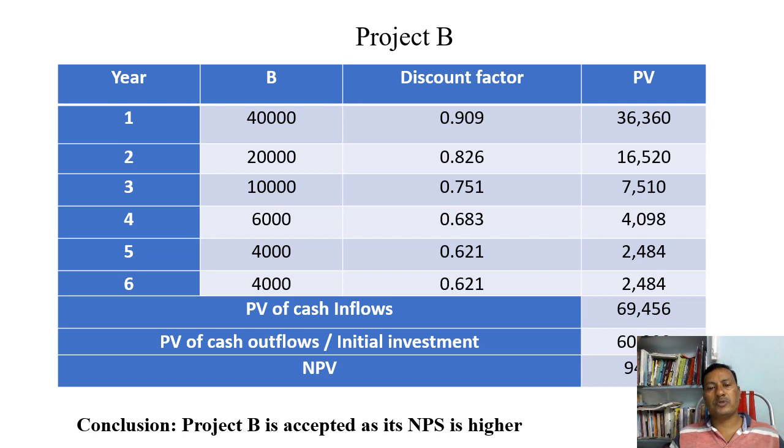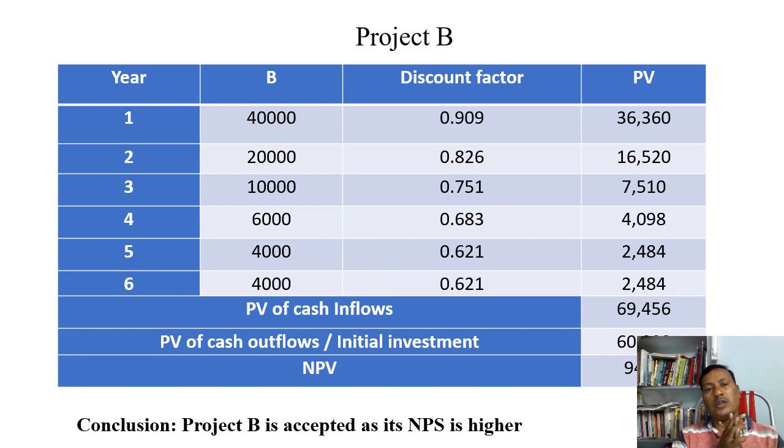Now similarly for the project B, the first year it gives 40,000, second year 20,000, third year 10,000, fourth year 6,000, fifth year 4,000, sixth year 4,000. So you can use the discount factor 0.909. First year, 40,000 you receive, but the discount factor is 0.909, so 36,360 is the present value.